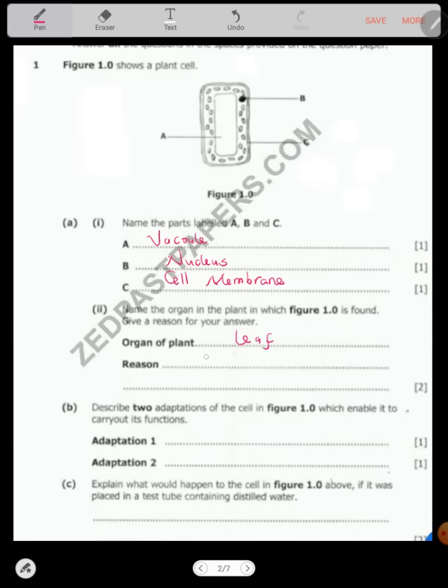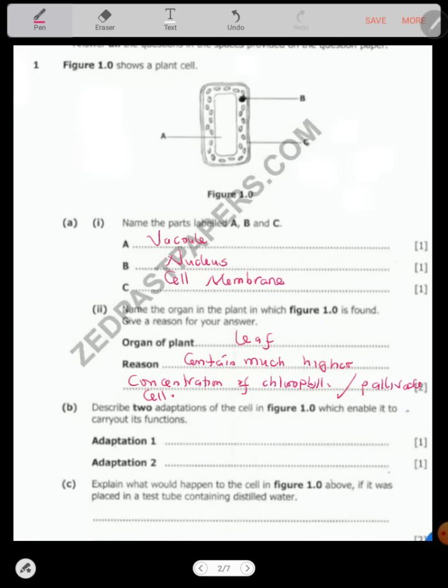It contains chloroplast, a much higher concentration of chlorophyll. Another reason is that this is a parasite cell, and it is usually found on the leaves.